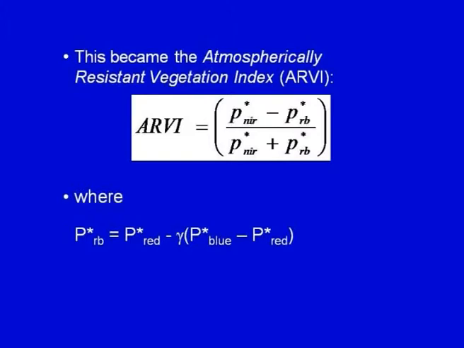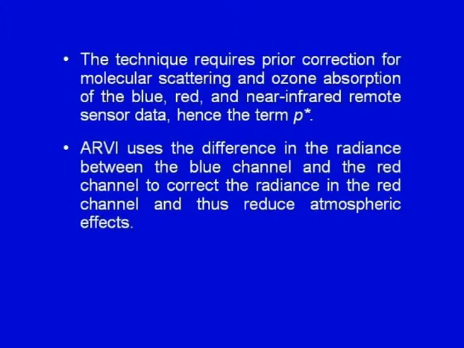This last portion of the equation is the correction factor for the atmospheric effect. The technique requires prior correction for molecular scattering and ozone absorption of the blue, red and near infrared remote sensor, and hence the term P star has been used.